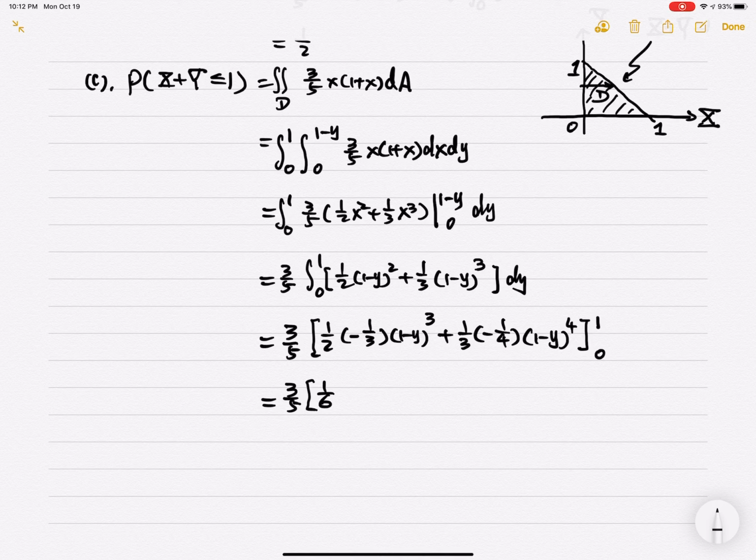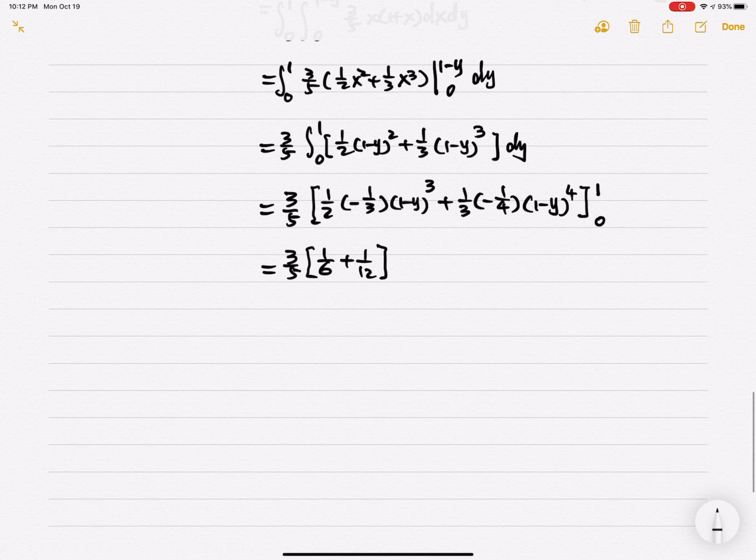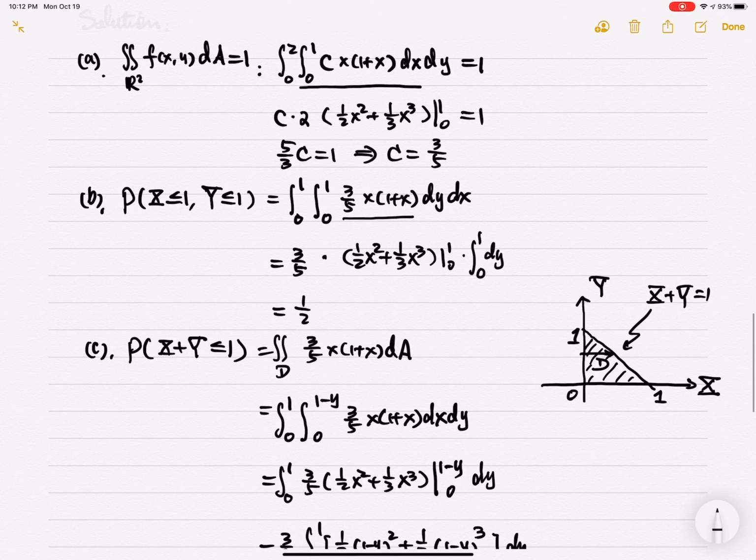And then this plug in 1 is 0, plug in 0 is 1, so plus 1/12. Right? 1/6 plus 1/12 equal to 3/12 equal to 1/4. So this is equal to 3/20. Okay, so this is this example.